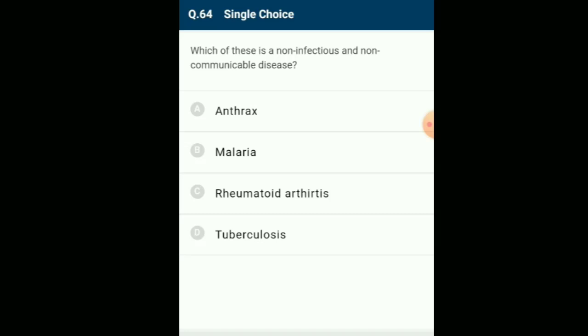Rheumatoid arthritis is an example of an autoimmune disease in humans. Anthrax is caused by Bacillus anthracis. Malaria is caused by the protozoan Plasmodium. TB is caused by Mycobacterium tuberculosis. Thus, these diseases are infectious and communicable. So the answer for this question is option C, rheumatoid arthritis.